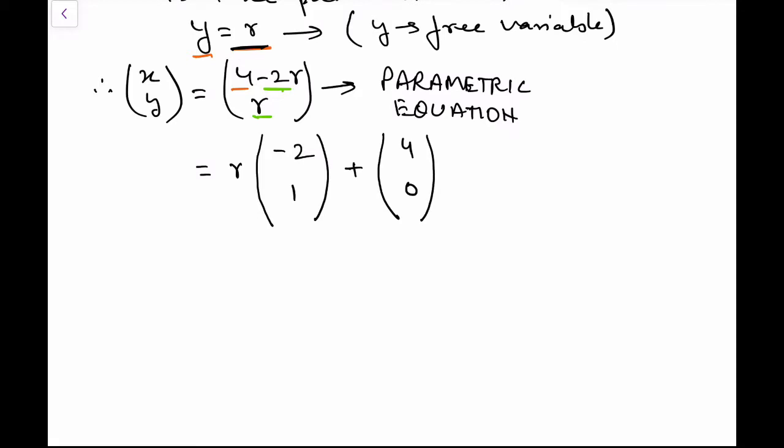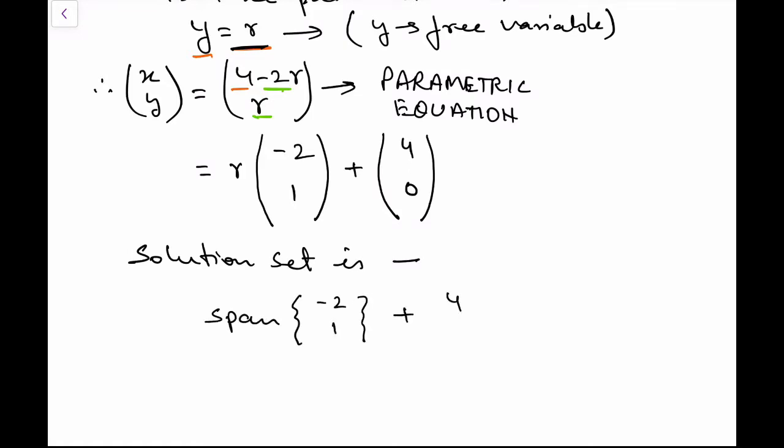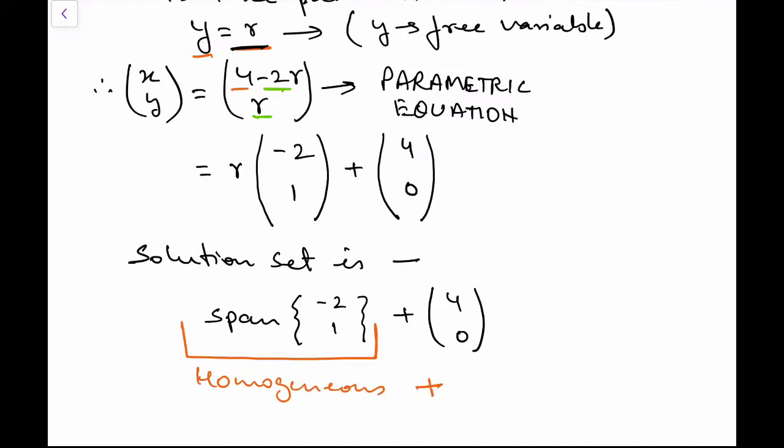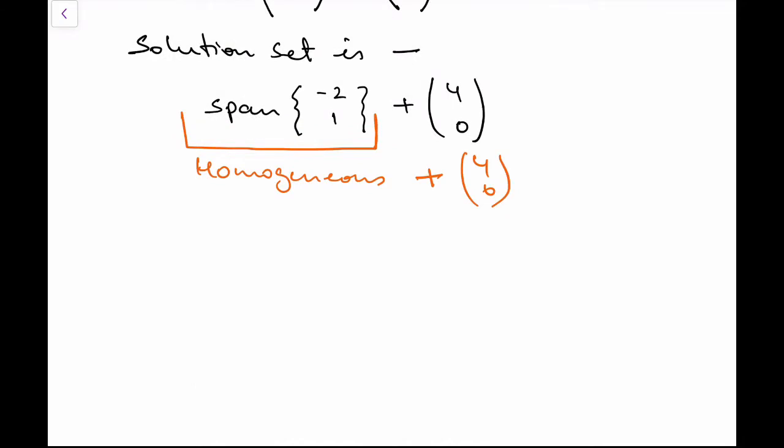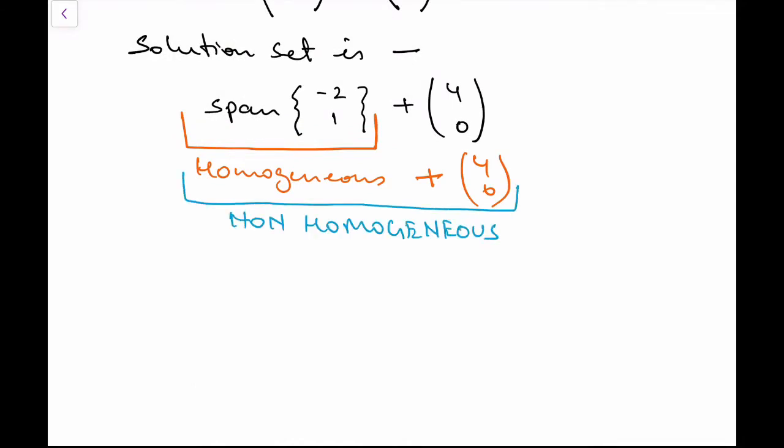So the solution set in this case is span (minus 2, 1) plus (4, 0). So the solution set for the homogeneous system for the same matrix A was span (minus 2, 1), whereas this is the solution set for the non-homogeneous system.